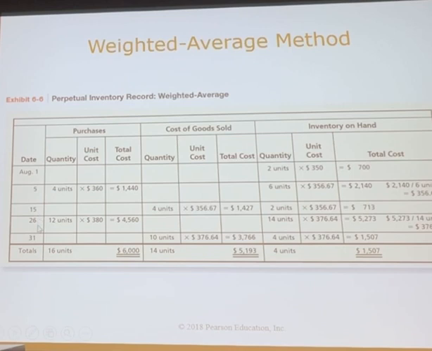Then on August 26th, we make another purchase of 12 units. So again, we have to compute a new weighted average cost. So we add together the $713 from our inventory above, plus our $4,560 from the purchase that we're making.